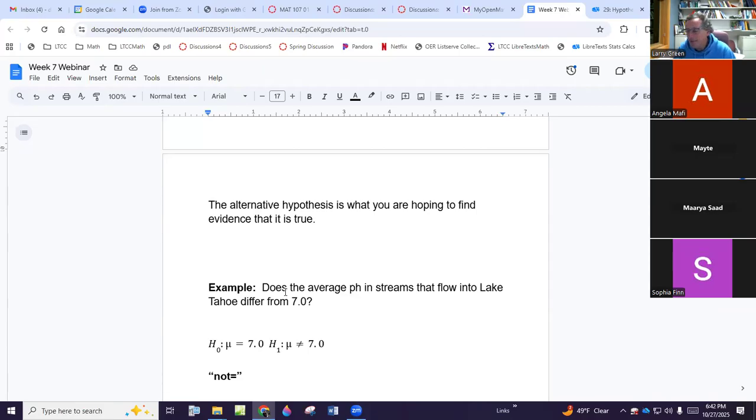And I volunteer, and I think there were a couple hundred volunteers. So there's a lot of creeks. And the question is, does the pH differ from 7.0? Because if it's much higher, that's not good. If it's much lower, that's not good. You want it to be just like regular water. Any questions on the idea?